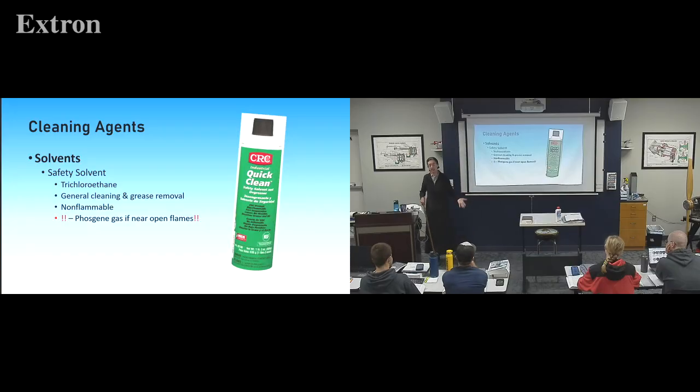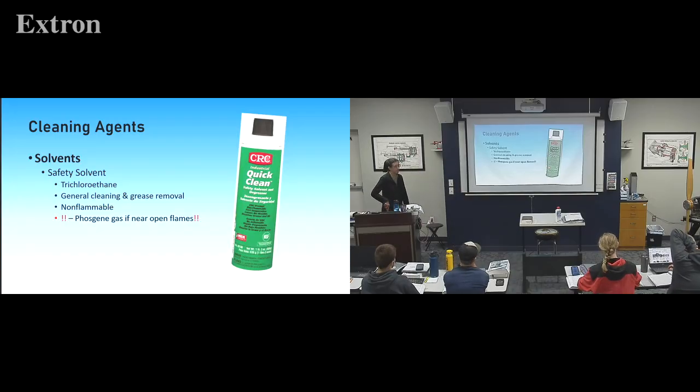Just understand these are made from different things. The trichloroethane is safer, however it produces phosgene gas. So what you need to know is that safety solvent is safe and great to use, but keep it away from open flame, because it makes deadly gas. You don't have to know the gas; it's just a reaction. But they want us to teach this information so you're aware of it. Don't memorize.